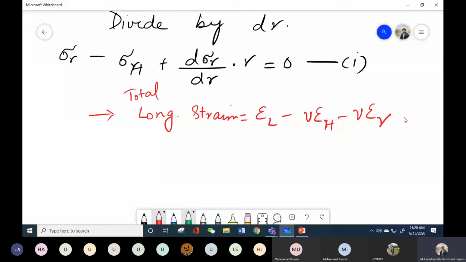This equation is constant because it doesn't vary with different cross sections.